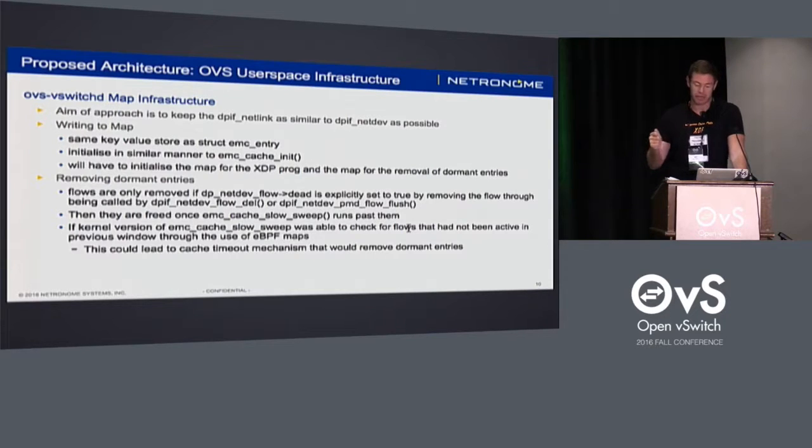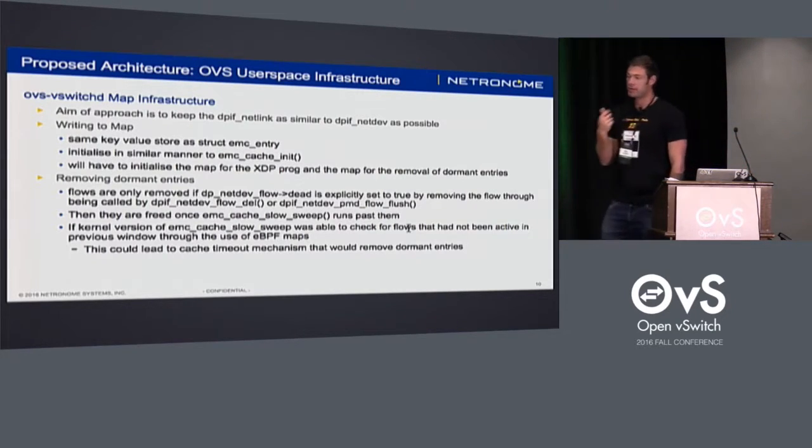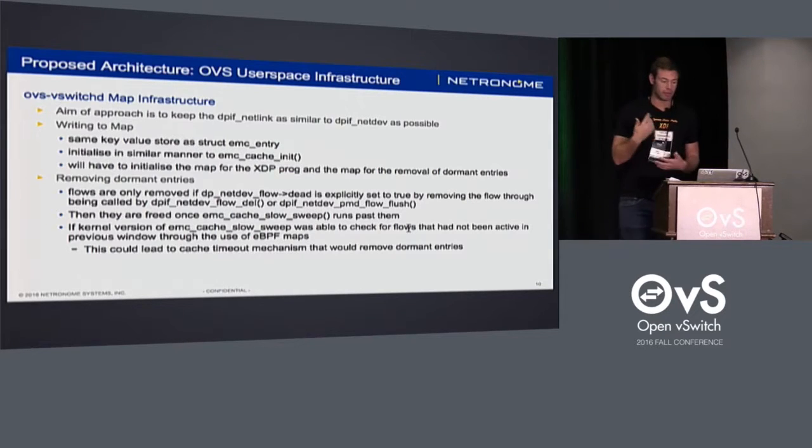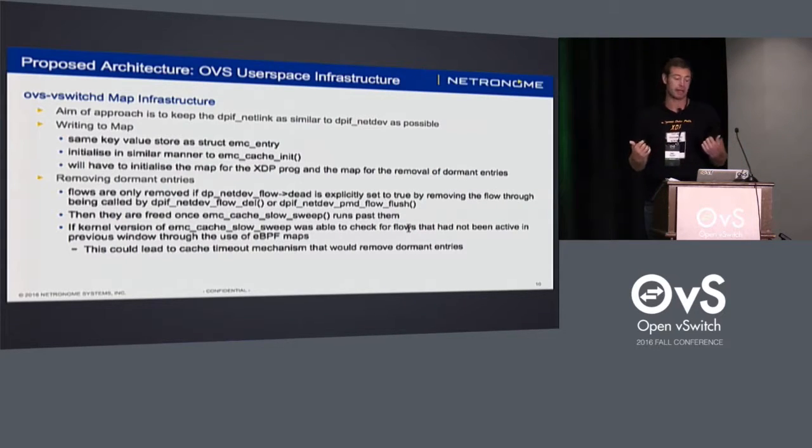And yeah, as I said, we need a map for the actual, that shouldn't say XDP prog. That should say the flow structures. And then we need a map as well for the removal of the dormant entries. Now, the dormant entries, that's basically when we're trying to look for things which are dead. So at the moment, flows are only removed if the flow dead flag is actually set.